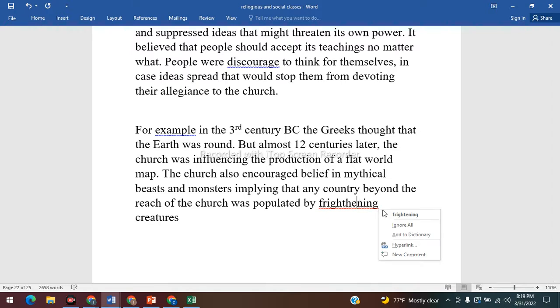So the idea is that they're saying the earth is flat, and if you dare to try and go over it, you'll be met with frightening creatures and monsters and mythical beings. So that was the trap that they had the people in.